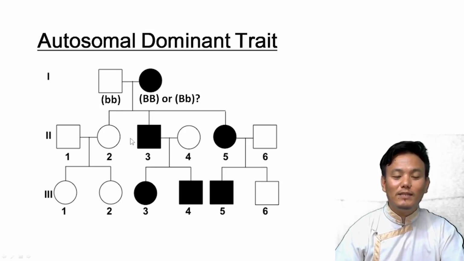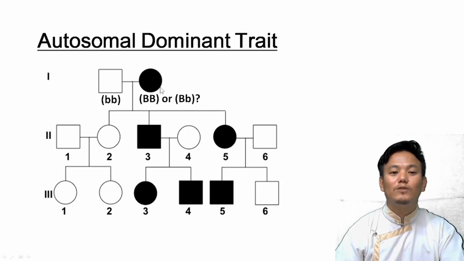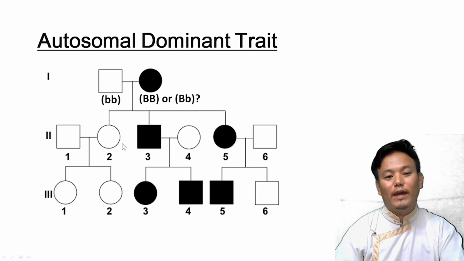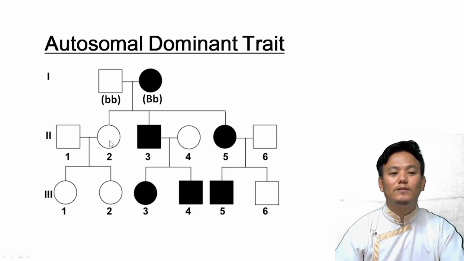So by looking at their children, we can rule out the homozygous dominant genotype for this parent. The grandmother cannot be homozygous dominant because she has to give 1 small b in order to have a daughter with white hair. I hope it is clear. Since the daughter has 2 small b's, the grandmother has to be heterozygous for the character.